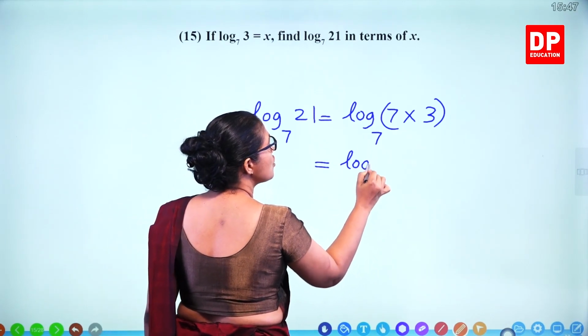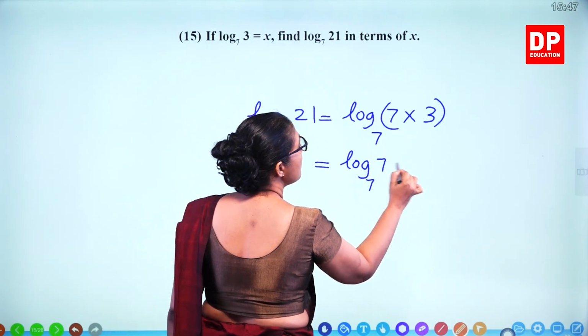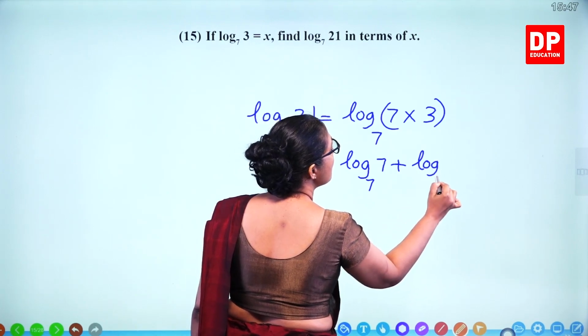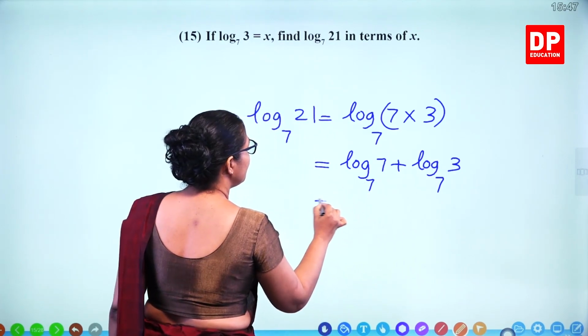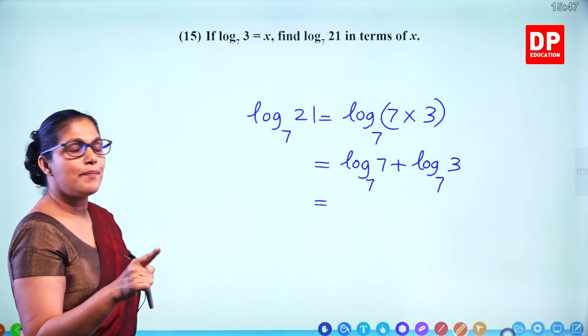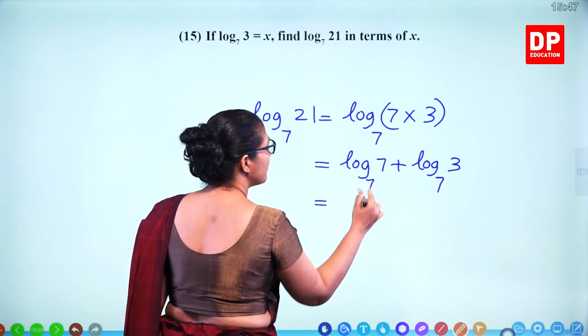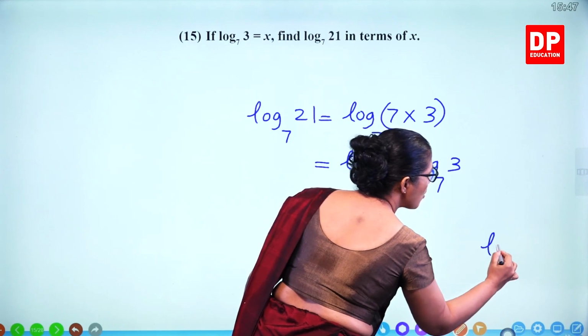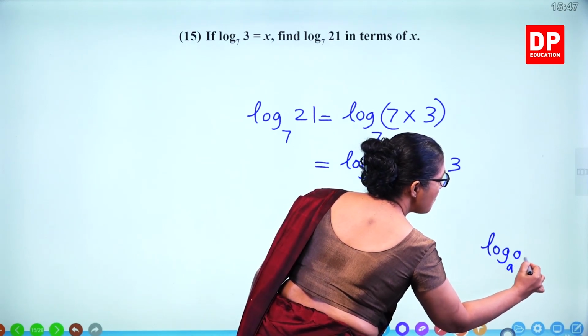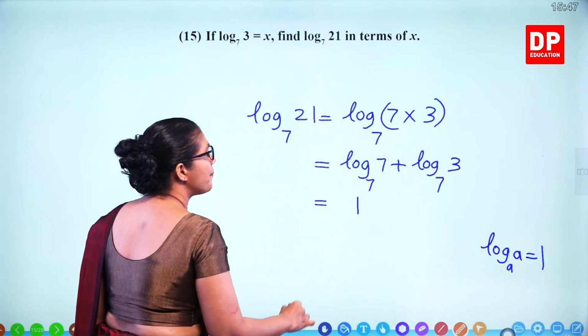Multiplication means addition. So log 7 base 7 plus log 7 base 3. What's this number? Same base, same number? That's 1. That's the laws of logarithm. Same base, same number is always 1.